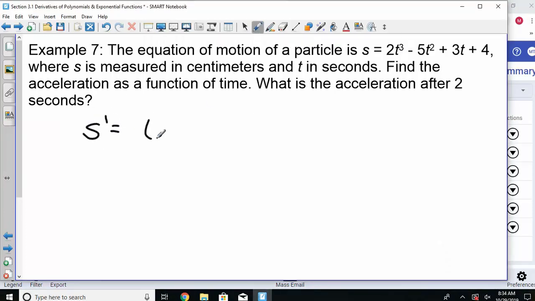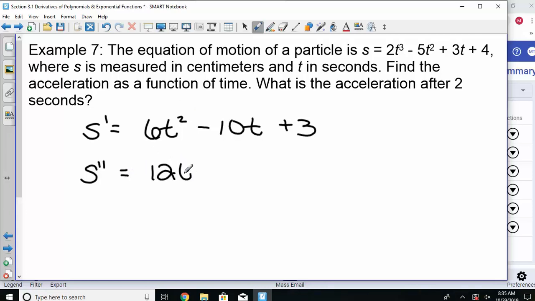So first derivative, 2 times 3 is 6t squared. 5 times 2 is 10t. The derivative of t is just 1, so this is just plus 3. That's the first derivative, which is velocity. Second derivative, 2 times 6 is 12t. Minus 10 times 1 would be 10, and the derivative of 3 is 0.